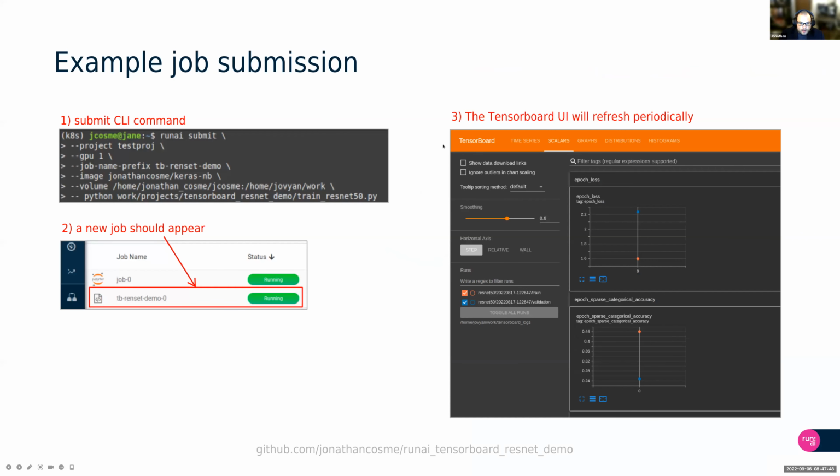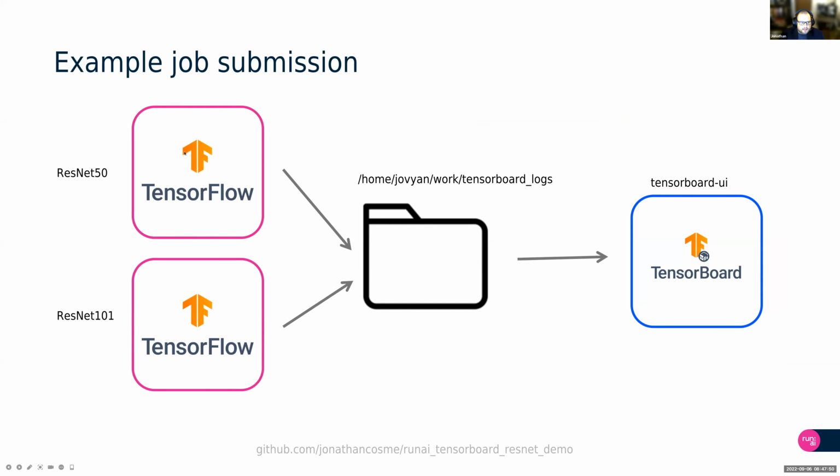So what was going on there was that basically as our models were training, they were writing files into this Tensorboard logs folder. And basically the Tensorboard UI every 30 seconds just looks into this folder and it reads it and it updates. If you wanted to, you could manually press the refresh button and it would read that folder right then and there and update the UI.